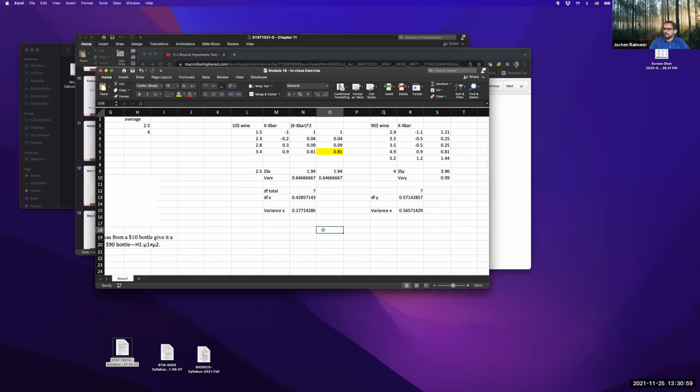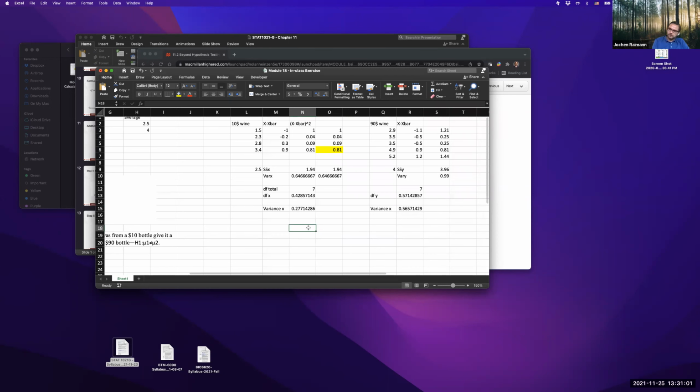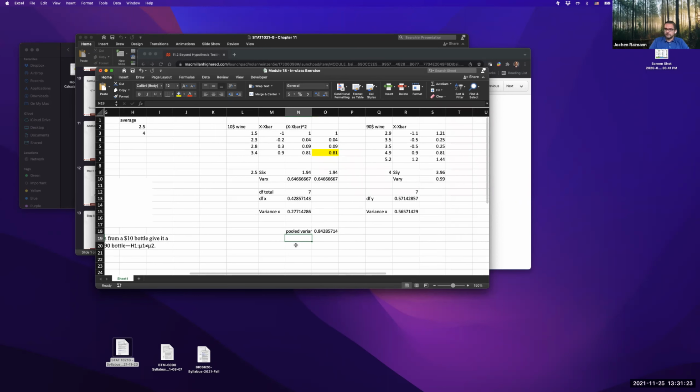This is easily done by, so this is now the pooled variance. So now we're getting to the pooled variance. And the pooled variance is the sum of this and this. Gets us to 0.84.